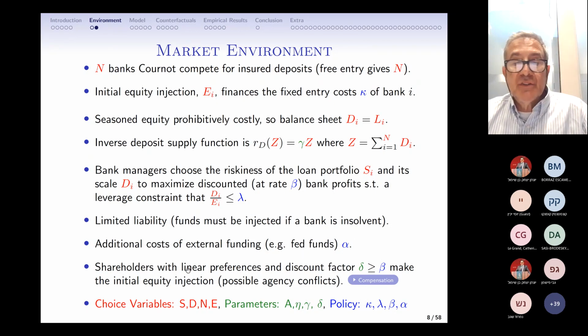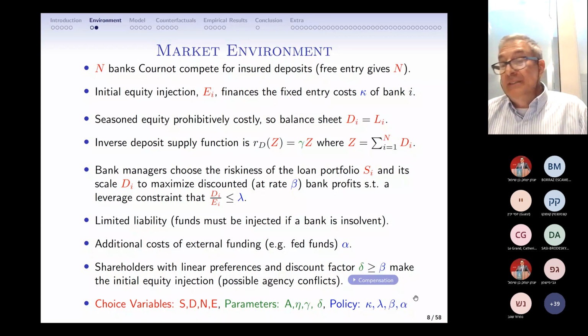The shareholders themselves are going to have linear preferences, and their discount factor is such that shareholders are going to be less myopic than bank managers, who are more myopic. That's the way we're going to generate this agency conflict that the ECB Stability Board was so worried about.